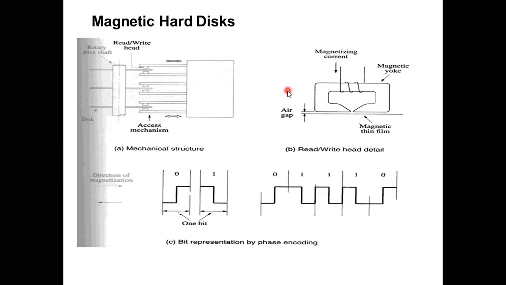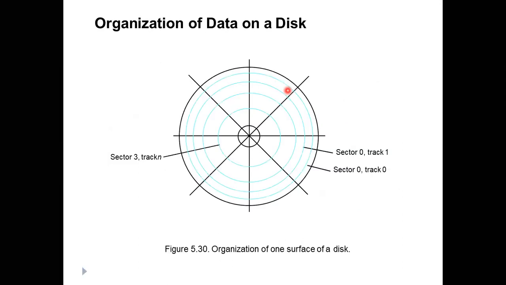As far as the organization of data on a disk is concerned, I have already discussed it. The disk is divided into tracks, and these tracks are divided into sectors. For example, you can see this is sector 0 and track 1, and this is sector 0 and track 0.